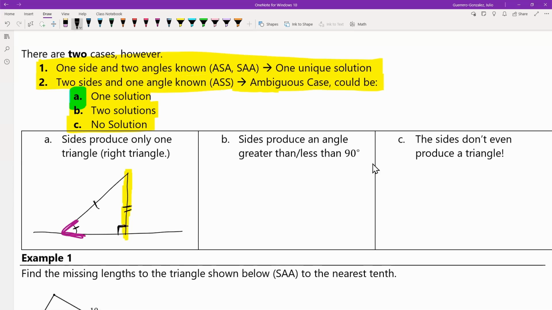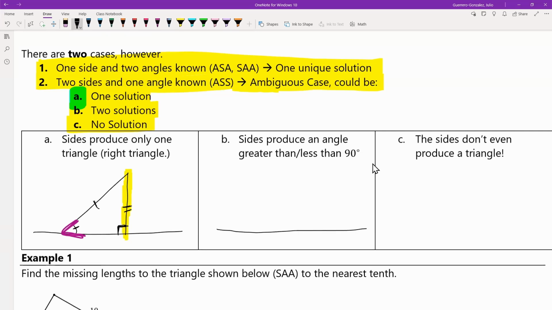Next one is two solutions. So I'm going to do the exact same thing. I'm going to make a nice long line, right? And I'm going to do two triangles here. I'm trying to draw this nice enough to explain it, and I'm failing all over the place.